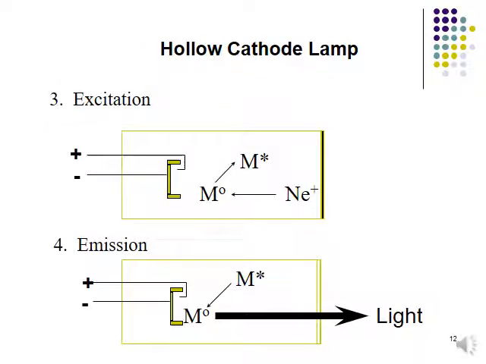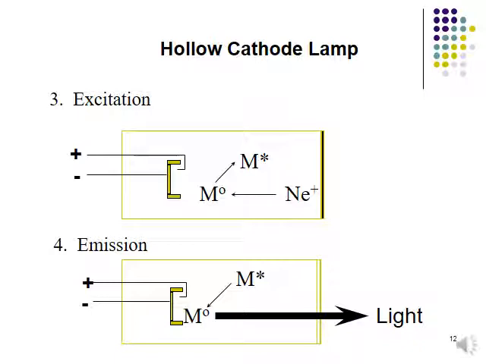Then the next part is what we call excitation. From the surface of the metal, it will become a cloud of excited metal. And then we go to emission.